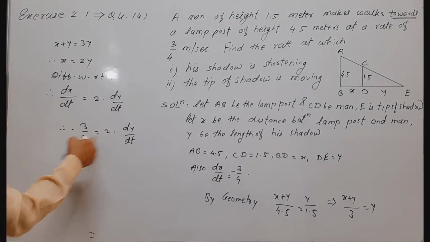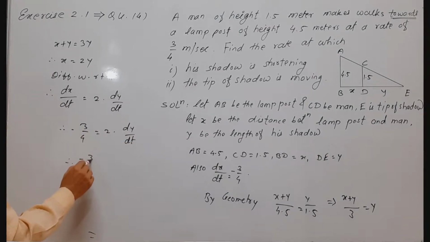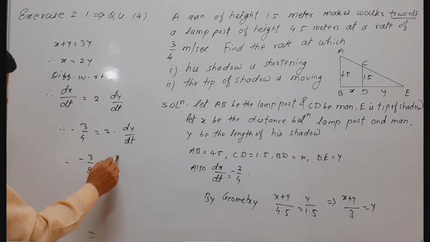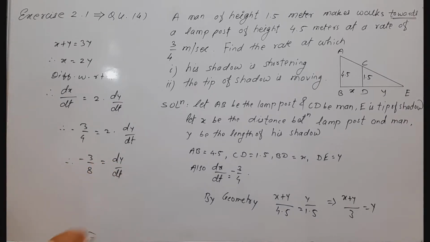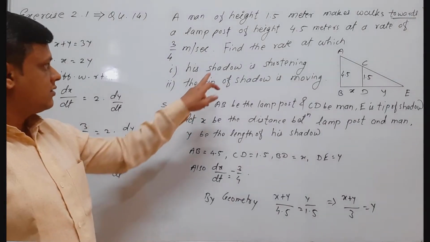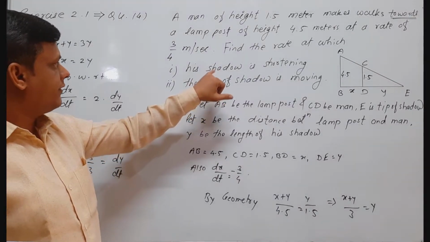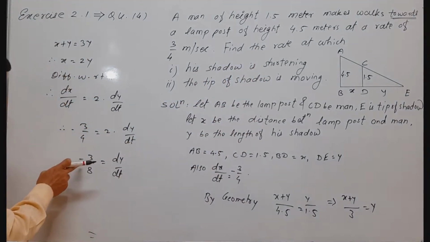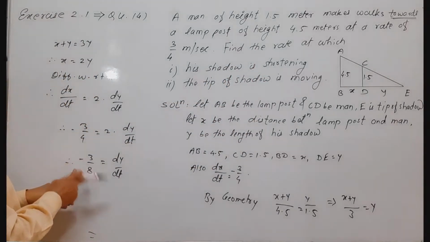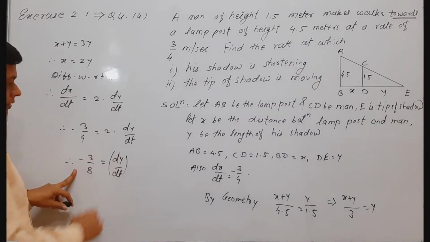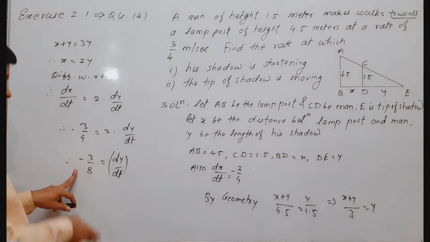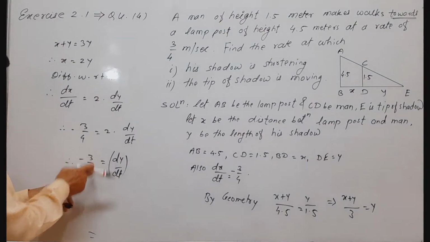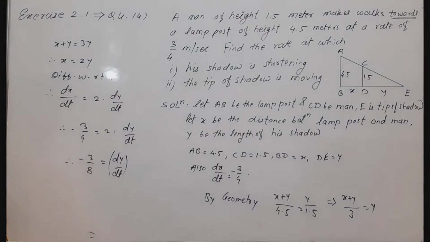So transfer this 2 to the left hand side, we get -3/8 is equal to dy by dt, which is the rate of the shadow. While shortening we write here a minus sign. So this indicates the rate of shadow shortening, which is 3 by 8 meter per second.